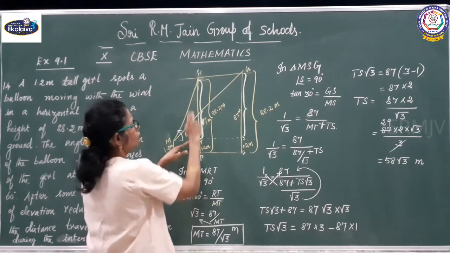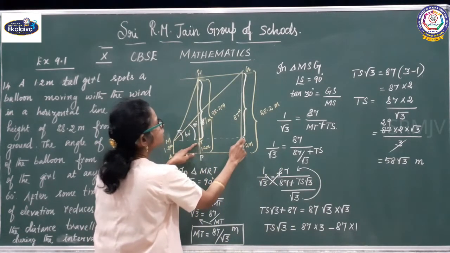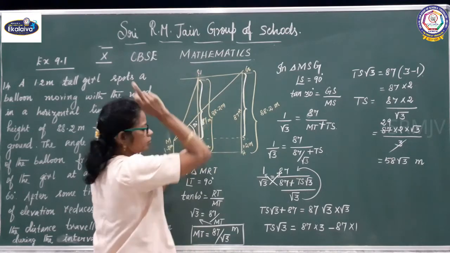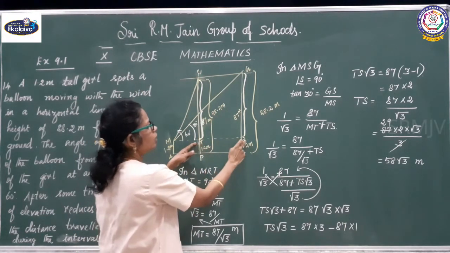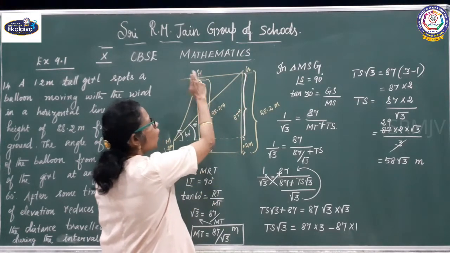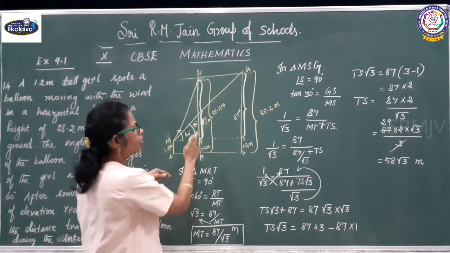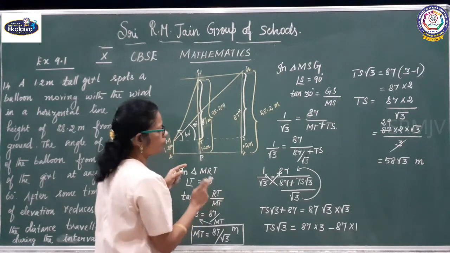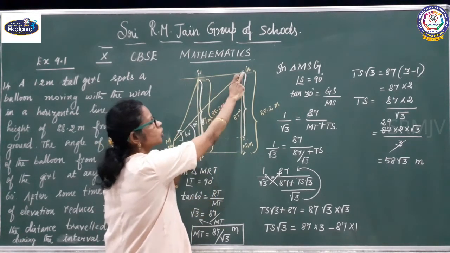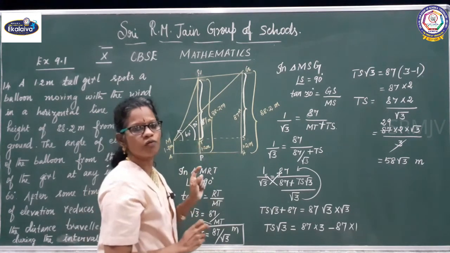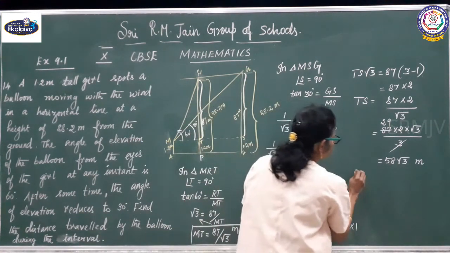See here, T, S, G, R. It looks like a rectangle, right? T, S, G, R is a rectangle. Here 87, here also 87. If TS is 58 root 3, what is the position of RG? That is also 58 root 3, right?